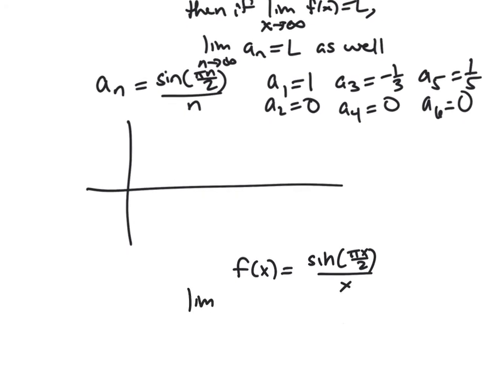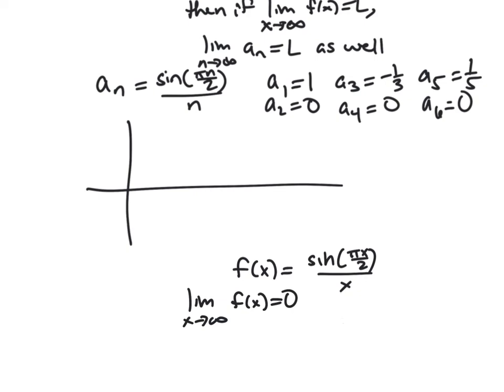The limit as x approaches infinity of f(x) is going to be 0, because sine is always bounded between -1 and 1, and if you take each of those bounds over x, those both go to 0, and so this is squeezed by two things that go to 0 and thus must be 0 itself.